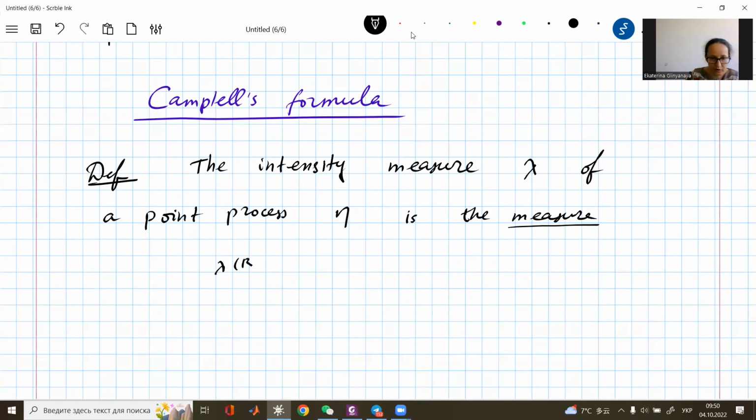I just write the expectation of the number of elements in a subset B.